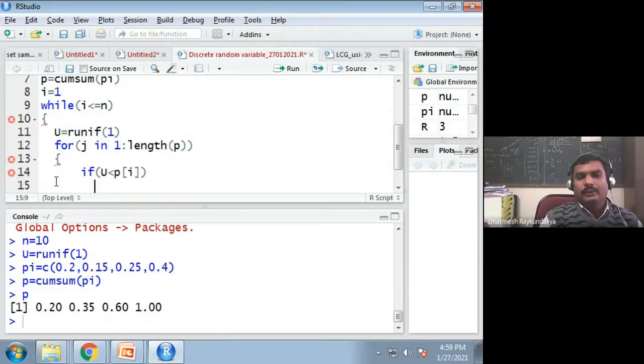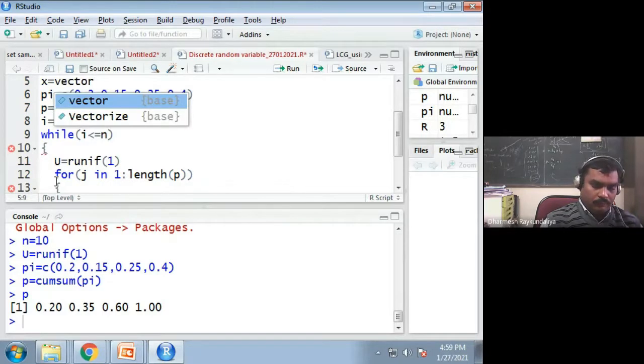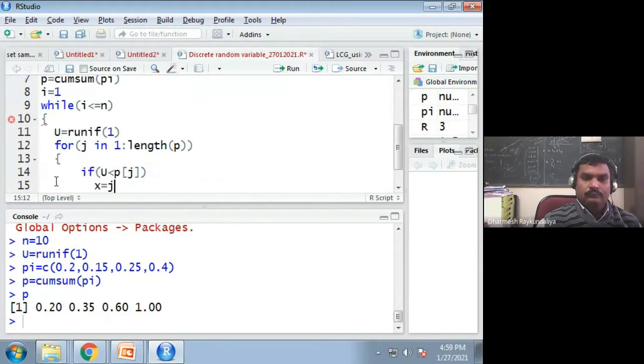Or you can say that if U is greater than P(j minus 1) and less than Pj, then x equal to, what is x equal to? It comes from behind: x equal to j, is it? So you have to write here x as a vector of numeric.